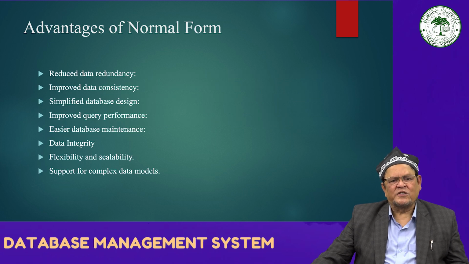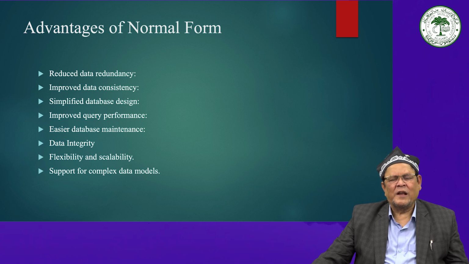Now, after the discussion of all forms, we are going to see the advantages of normalization. Normal forms in a database management system offer several advantages that contribute to the efficiency, integrity, and maintainability of a database. Reduce data redundancy.